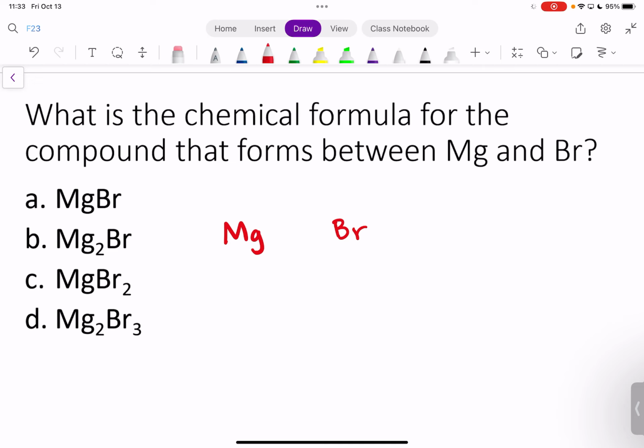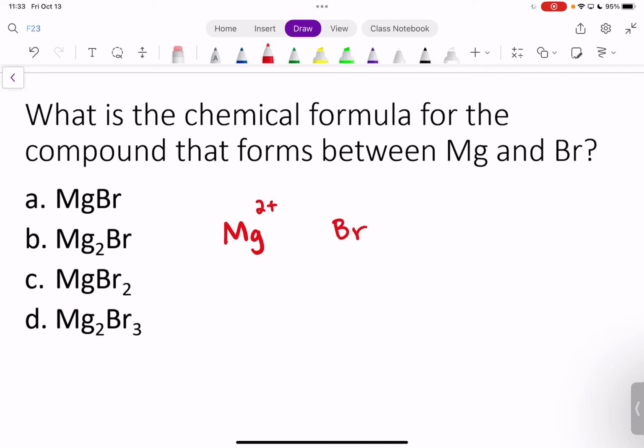So what charge does magnesium form when it forms an ion? 2+. How come? How'd you know that? It's in group 2A, so it wants to lose 2 electrons, right? Rather than gain 6. It doesn't want to gain 6. That's too much work. It's lazy. So it's going to form a 2+ charge.